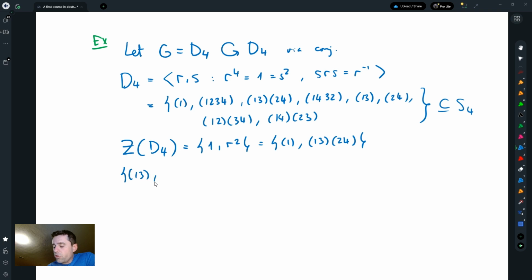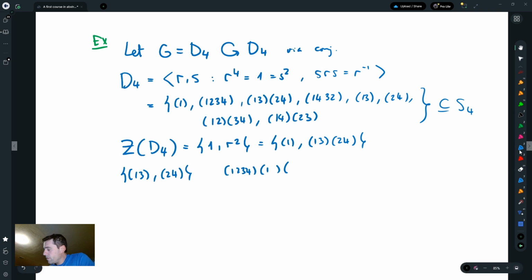So (1 3) turns out to be conjugate to (2 4) via the conjugation by (1 2 3 4). And the inverse of (1 2 3 4) is (1 4 3 2). It turns out I get (2 4). So those are conjugates, and those are the only elements that are conjugate to (1 3).